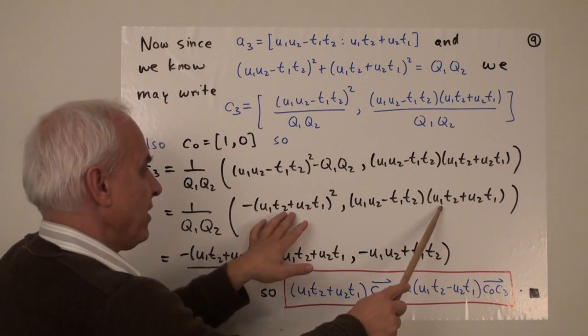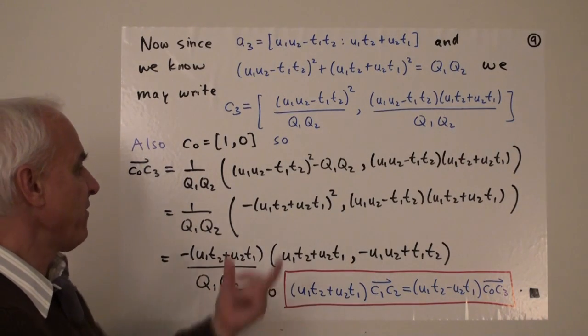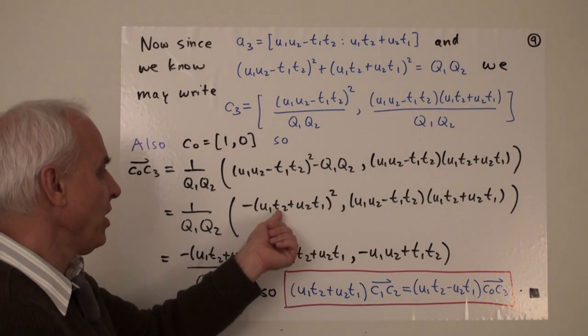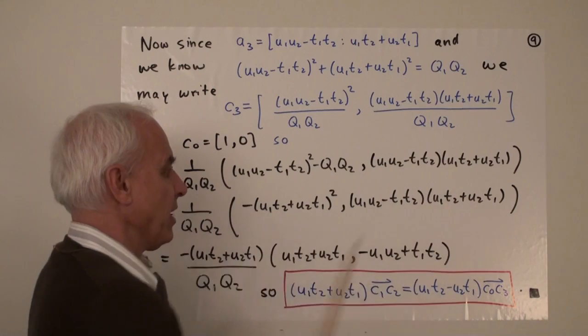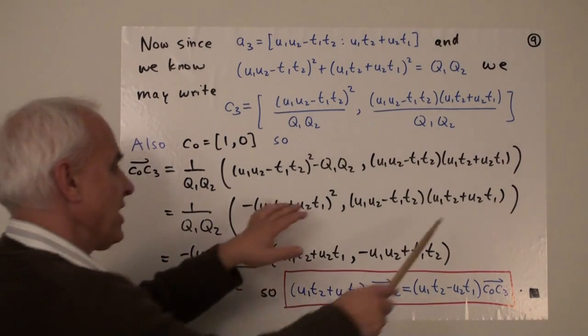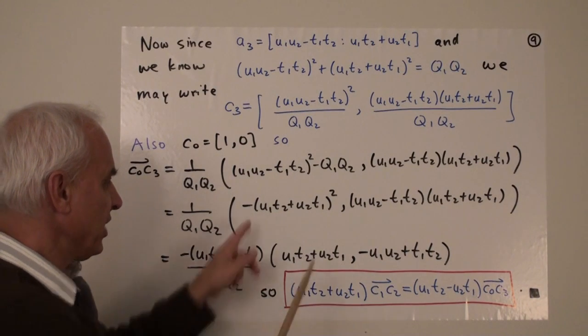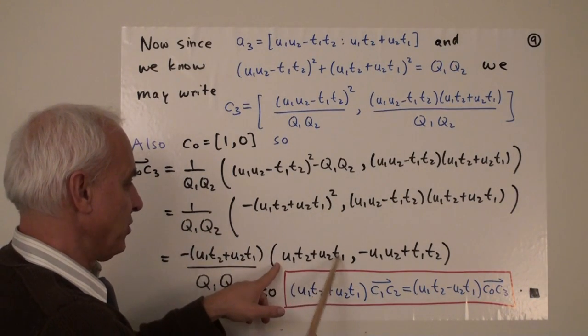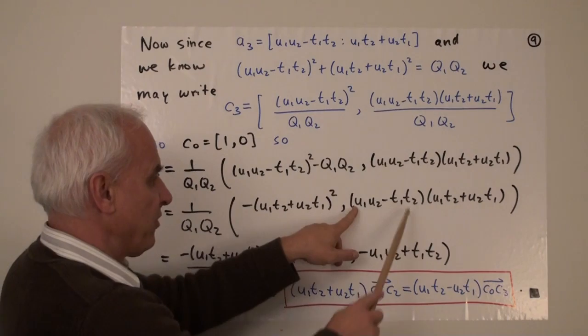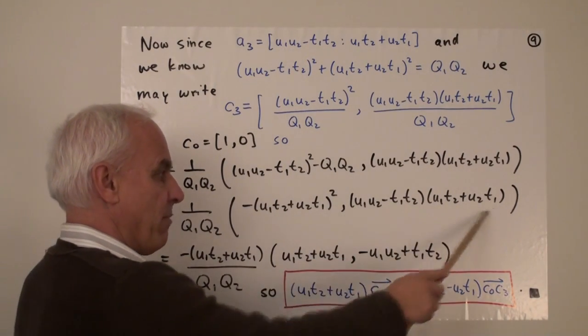And then when we look at these two terms, we see that there's a common factor of U1 T2 plus U2 T1 appearing in both factors. So we can take that out along with this minus sign that's there, giving us just a single U1 T2 plus U2 T1. And then this will have to be multiplied by minus 1 because we're taking out minus this factor.